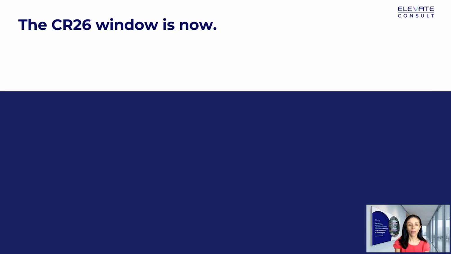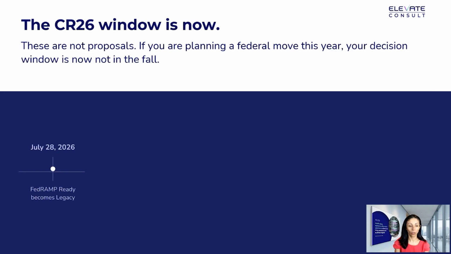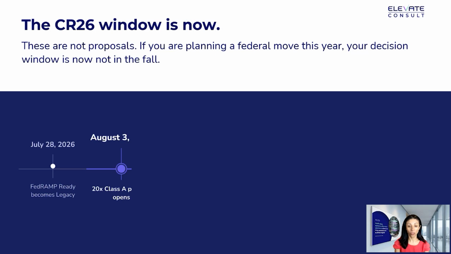So let's talk a little bit about the timelines. This obviously is all available on the FedRAMP website, but here's a quick summary. FedRAMP Ready that we just talked about a few minutes ago is no longer a path as of 3 days ago. This video is being recorded on July 31st. So that's not a path anymore, but we'll talk about the other paths and options companies have right now. August 3rd, which is coming up, is the opening of applications with FedRAMP for Class A on the FedRAMP 20x program.